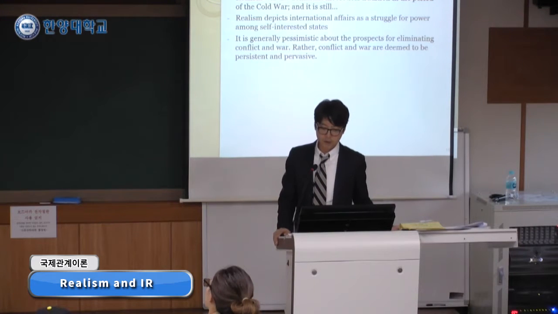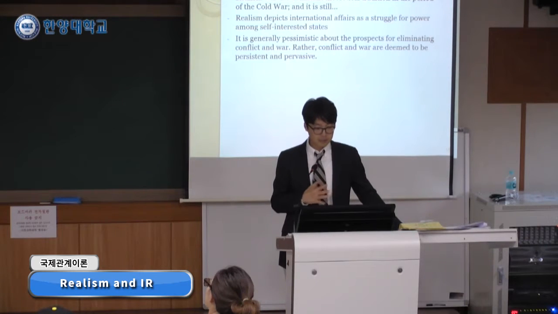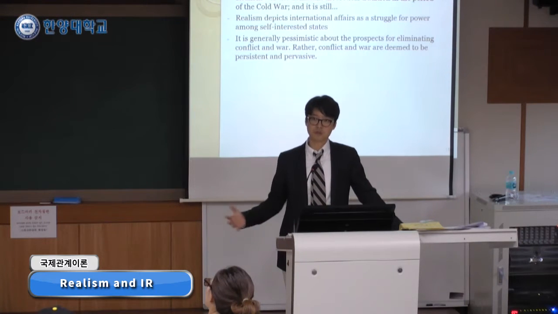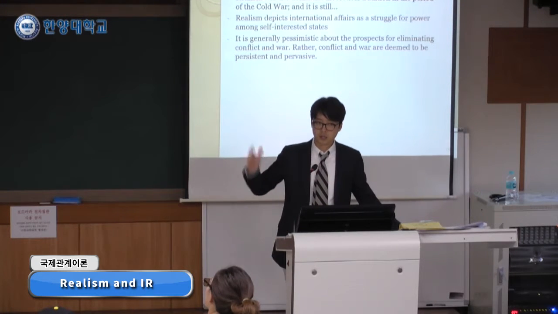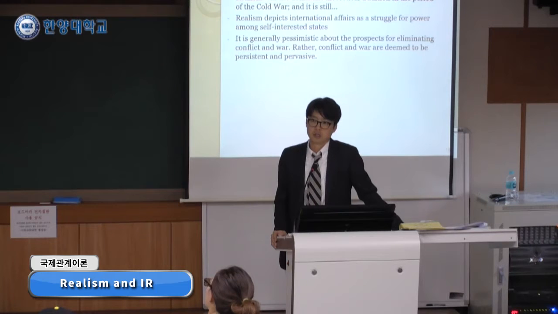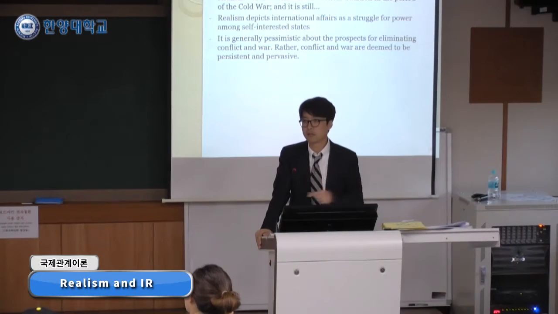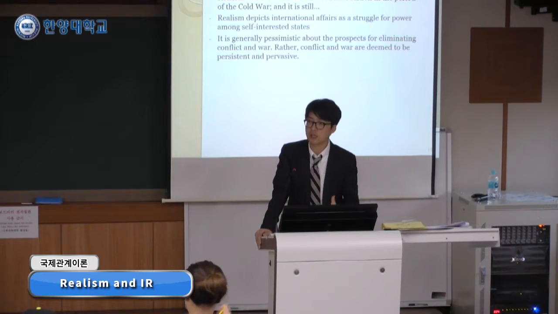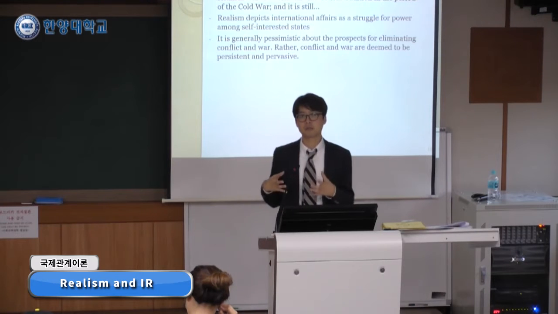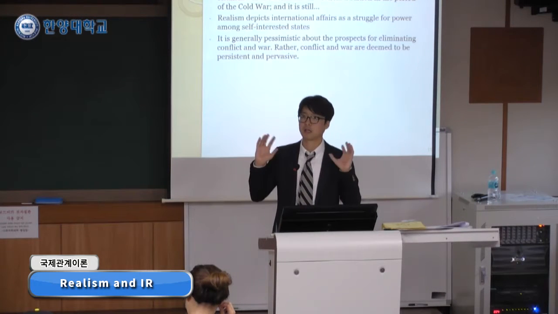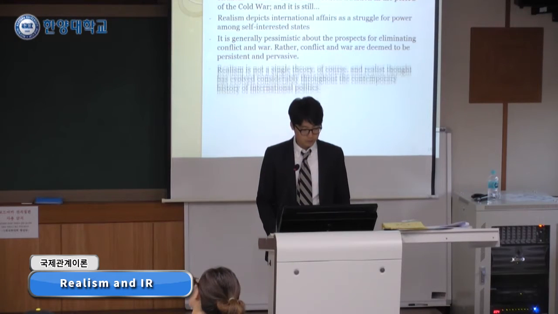Rather, conflict and war are considered persistent and pervasive features of international politics. It is almost impossible for international actors, specifically states, to avoid conflictual situations in the international system. So realist scholars are very pessimistic about international politics in general. That's the key point.